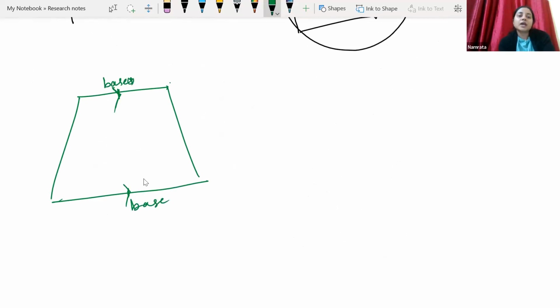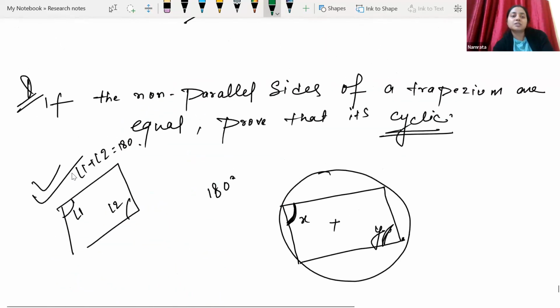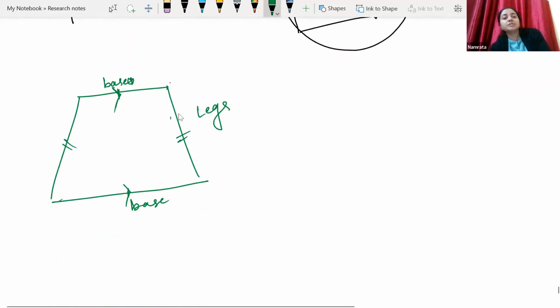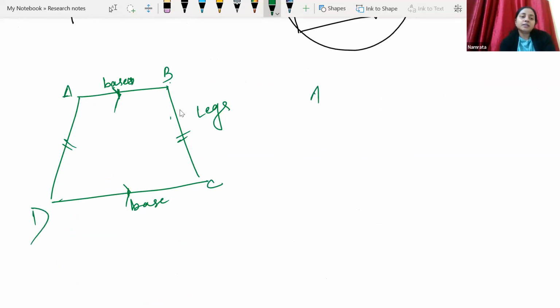And these are the non-parallel sides, known as the legs of the trapezium. That much we know about the trapezium. Now what the theorem says: if the non-parallel sides of the trapezium are equal, that means in ABCD, AD and BC, these two are the non-parallel sides.